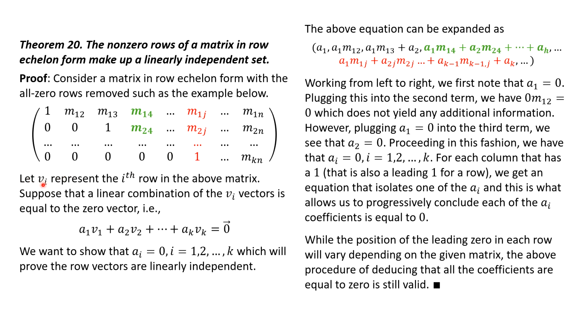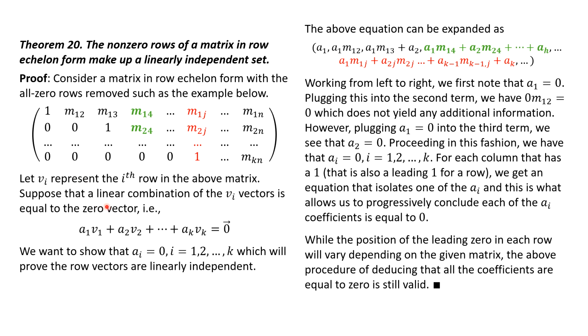So let V sub i be the ith row in the above matrix. So we have V sub 1, V sub 2, and then there's k rows. And if there were zero rows, we could just ignore those. They don't impact. So these are the non-zero rows that we're looking at, and there's k of them.